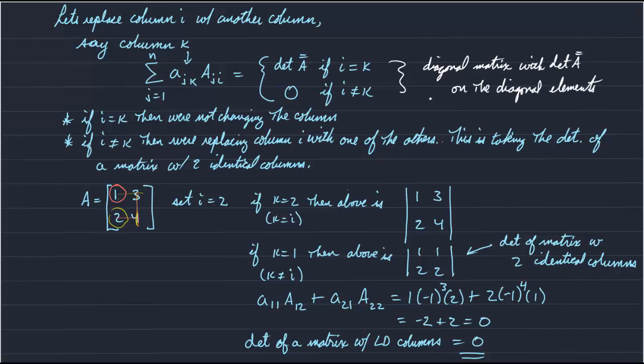And if we divide by the determinant, we get the identity matrix.